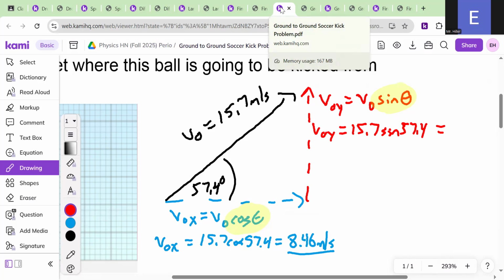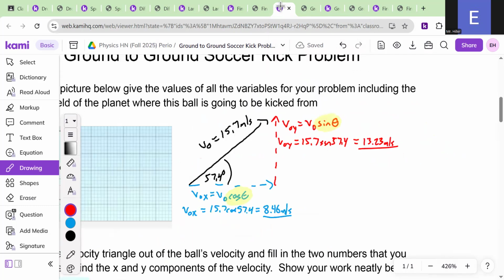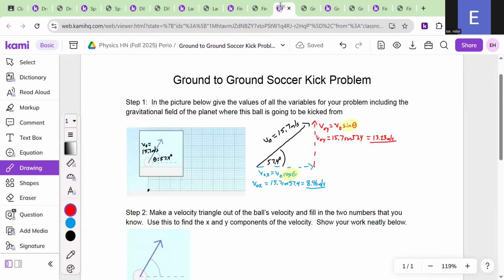Put that in your calculator. Okay, now when I do, I get a value of about 13.23 meters per second for my V naught Y. So the first thing you have to do is figure out V naught X and V naught Y for your problem.